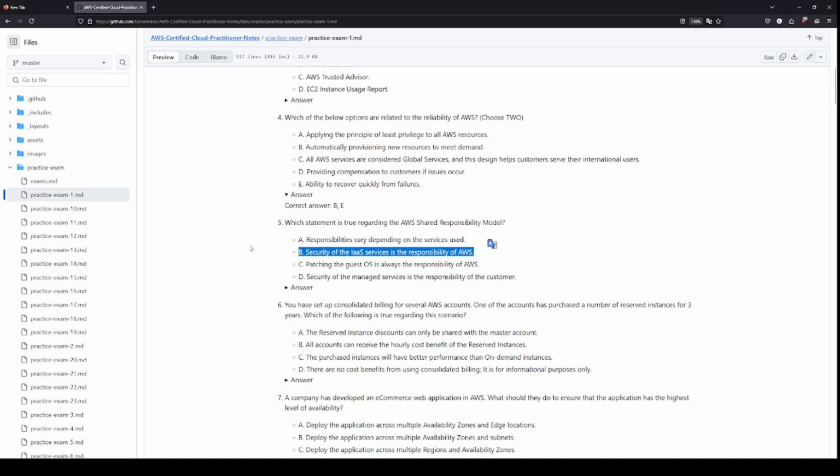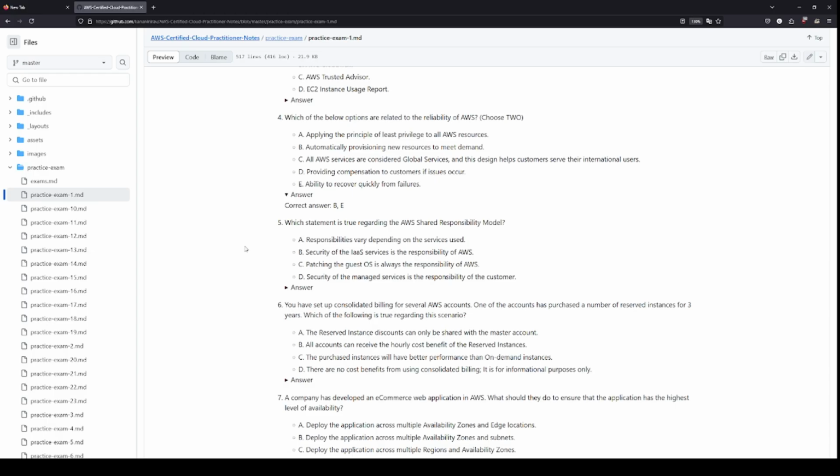But whenever you're spinning up an EC2 instance, you are in charge of the security of that instance. Does that make sense? C, patching the guest OS is always the responsibility of AWS. The keyword here is always, and also guest OS. If you don't know what that term means, there's a baseline operating system.